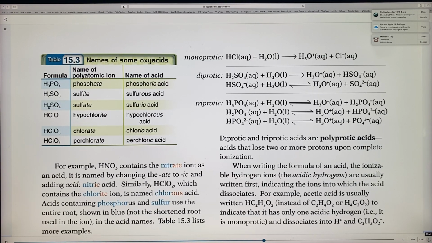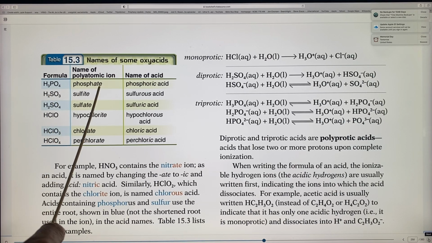So here are the names of some oxyacids. You can turn to the table that has all these different polyatomic ions that we're supposed to know. And here we have hydrogen phosphate, this polyatomic ion with hydrogen, phosphorus, and oxygen.